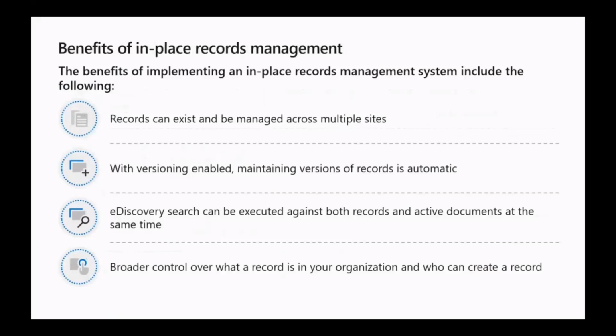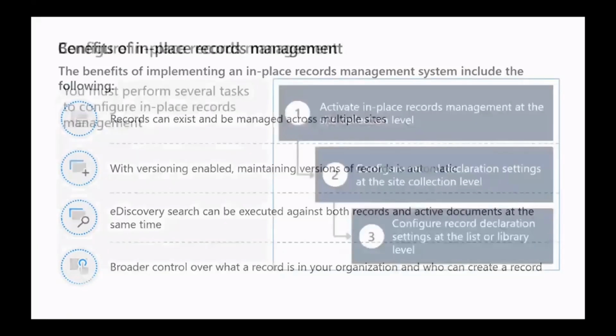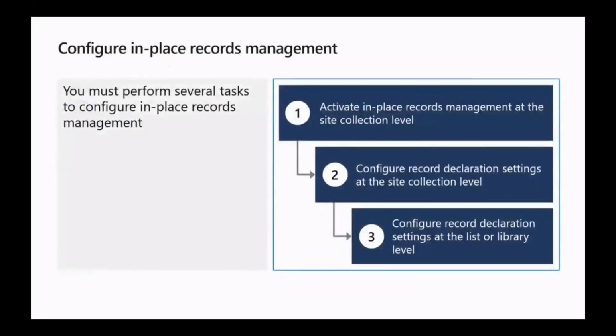Also, e-discovery search can be executed against both records and active documents at the same time. You will learn more about e-discovery in later modules. A broader control over what a record is in your organization and who can create a record can also be configured using policies.